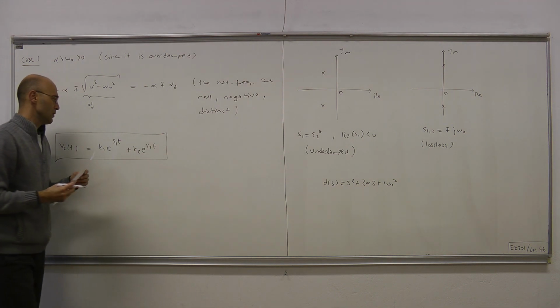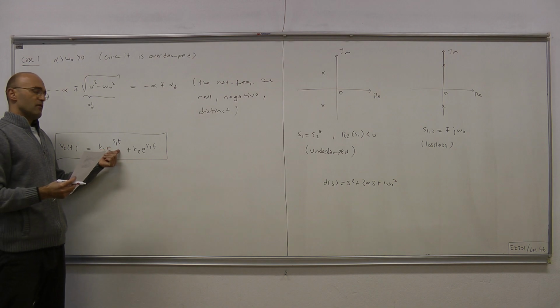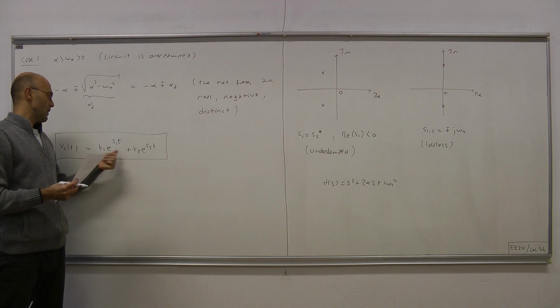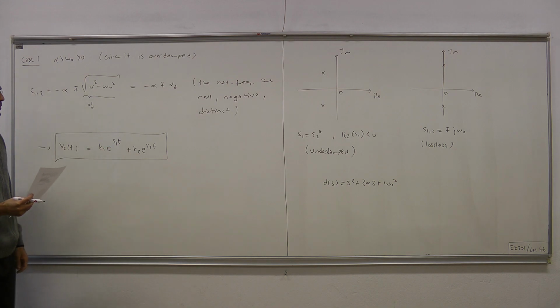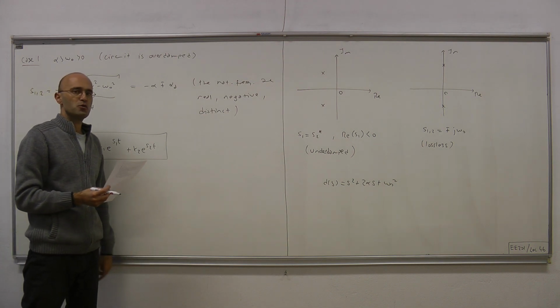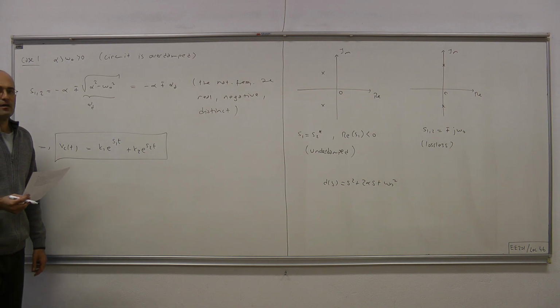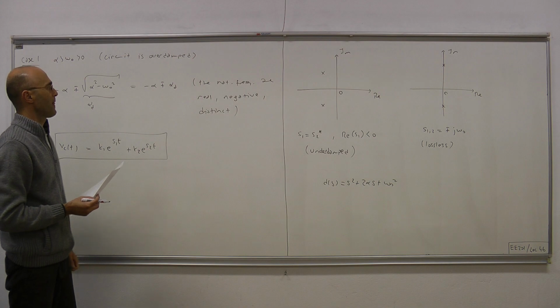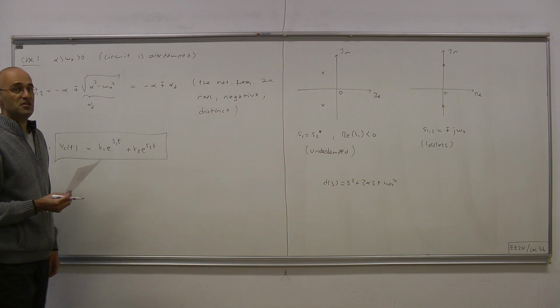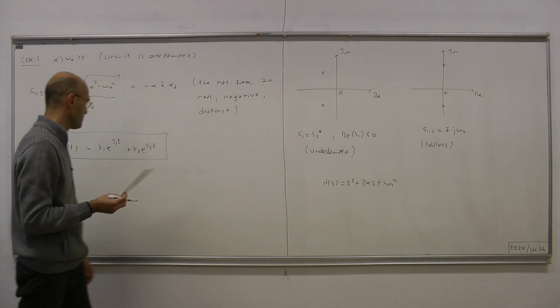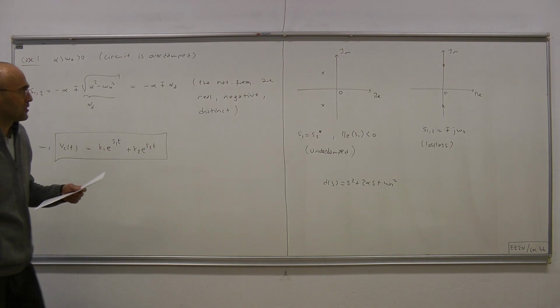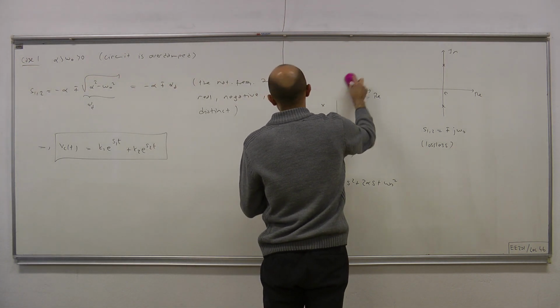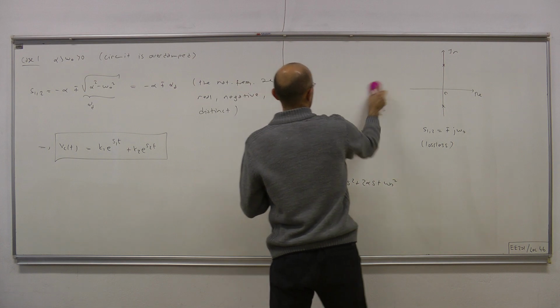Note that, unlike the first order case, now we have two unknowns in our homogeneous solution, and those two unknowns we figure out using the two initial conditions, namely the initial condition for Vc and also the initial condition for dVc, the rate of change of capacitor voltage. Okay, so let's consider a very simple example for the overdamped case.